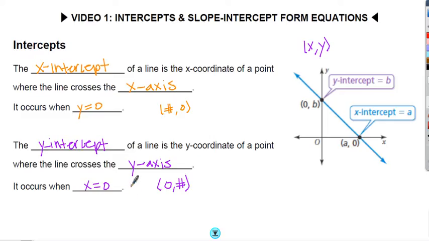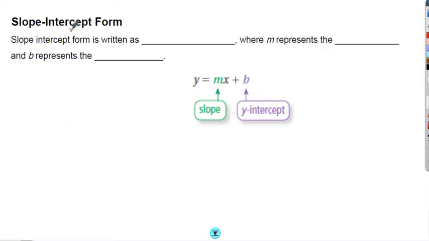Alright, now there is one more thing to learn before we do the practice, and the last one is the slope-intercept form. So let's learn what slope-intercept form is. Slope-intercept form is written as y equals mx plus b. Now, some of it looks familiar.